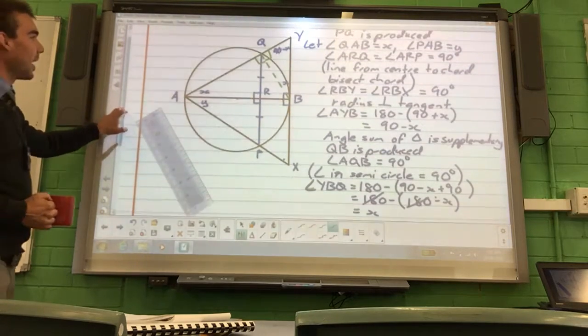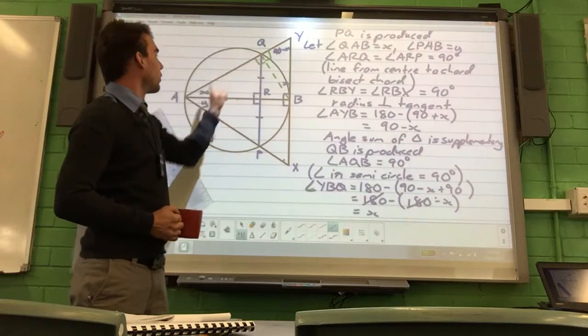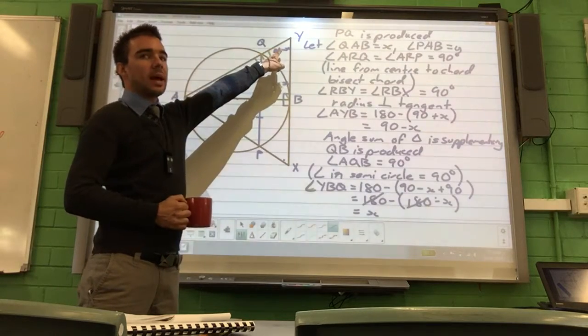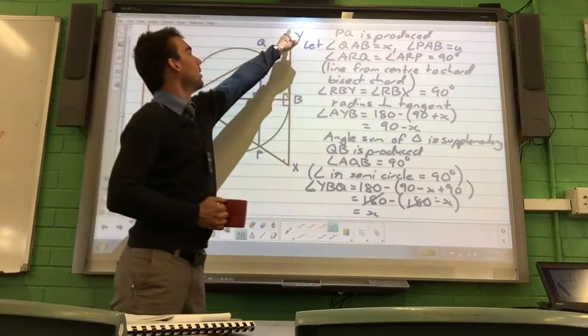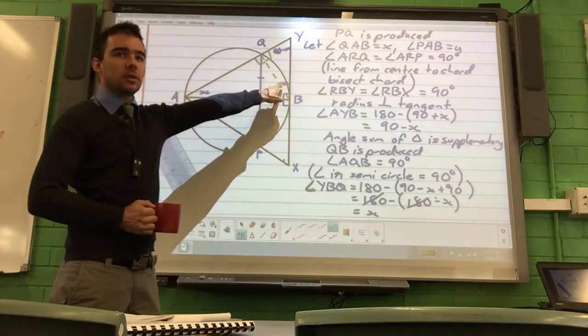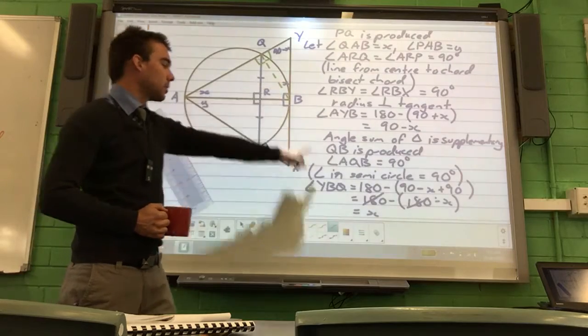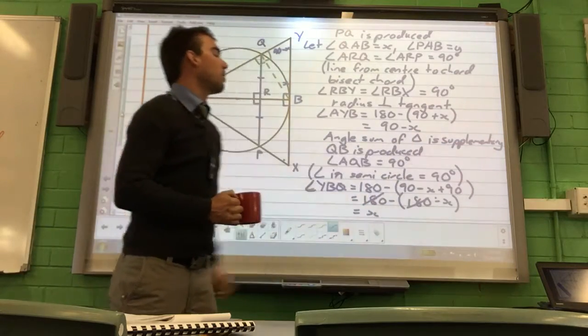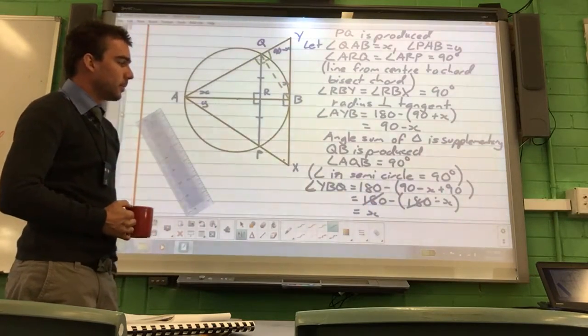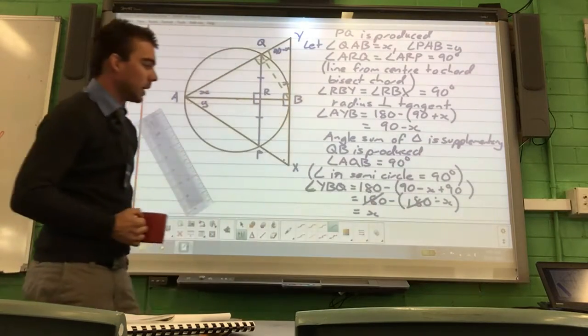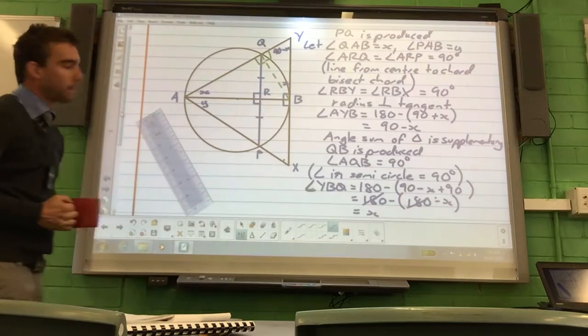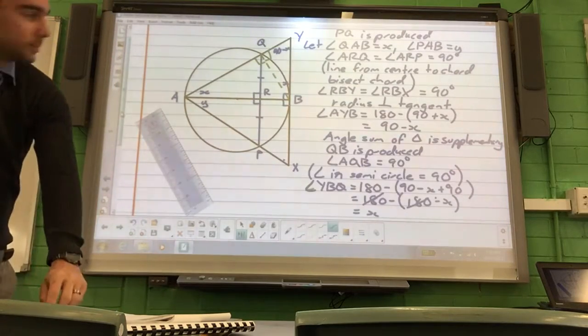Okay, so we've gone and stated this was the right angle. We've already justified that this is 90 take away x. So if we do the angle sum of a triangle, that triangle here, I'll be able to find the size of this angle in terms of x. Okay, so we did 180 take away the sum of the other two angles, and then after simplification and expanding, I'll get left with the expression x.